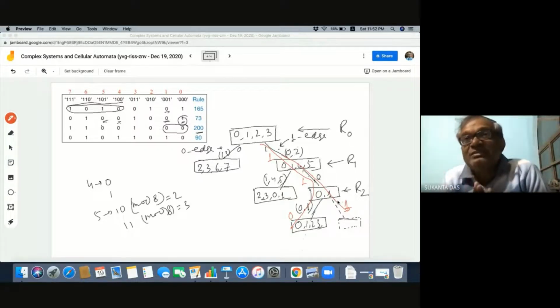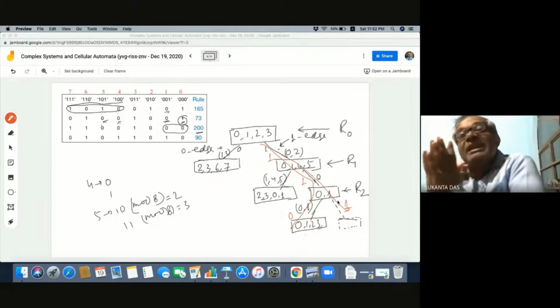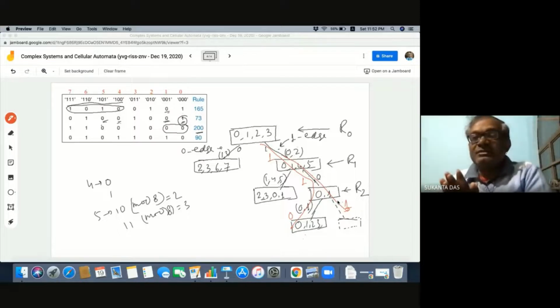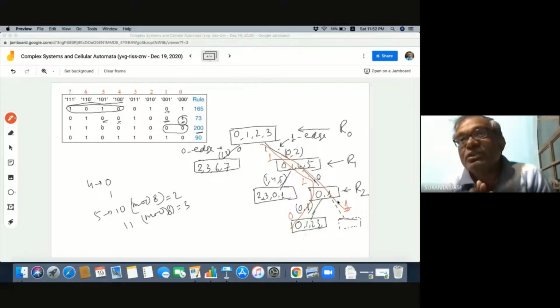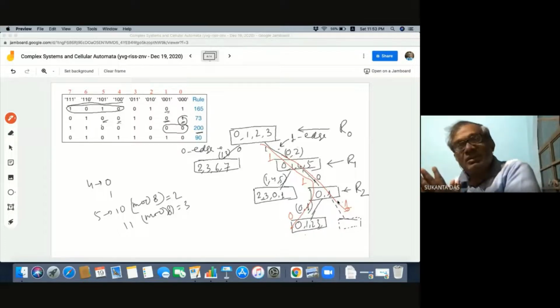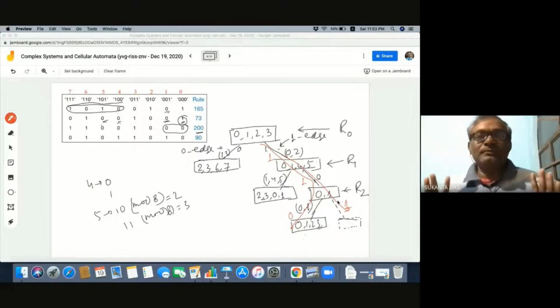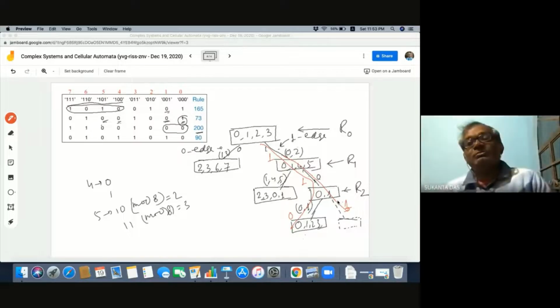If it fails, it means some edges and some nodes do not exist. These edges are called non-reachable edges, and the nodes are called non-reachable nodes. That's all. This is the basic idea of reachability tree.